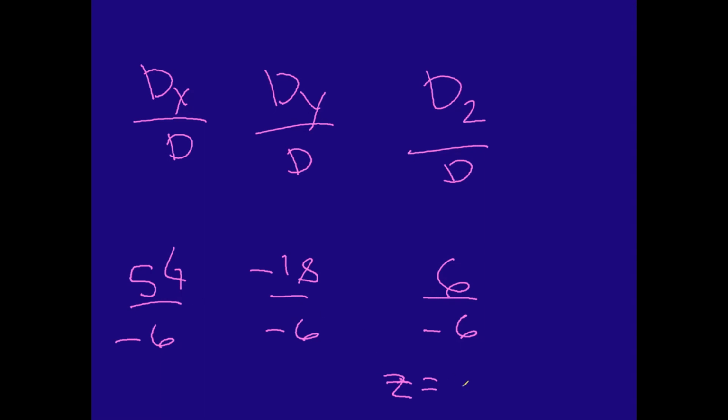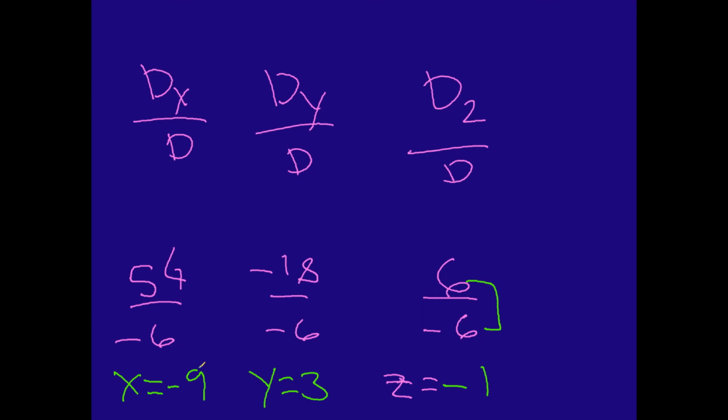The z coordinate is going to be -1 because 6 over -6 is going to be -1. The y coordinate is going to be +3 because -18 divided by -6 is going to be that. And for our x is going to be -9 because 54 divided by -6 is 9.